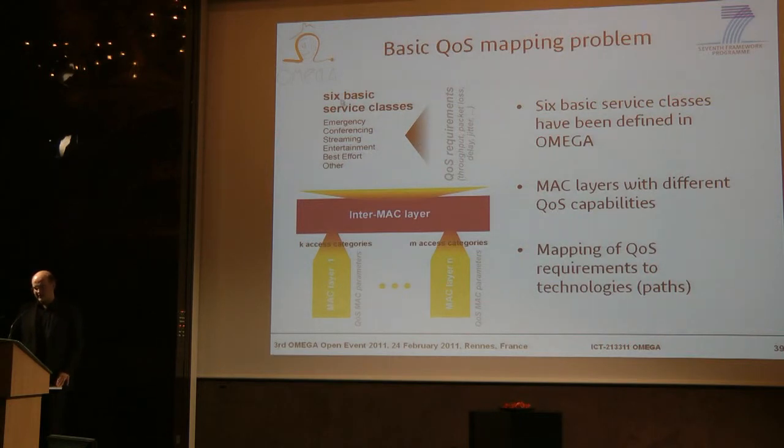And these service classes have to be mapped to technologies which provide their technology-dependent MAC layers. And maybe they provide different scheduling categories on the MAC layer. And it is now the task to use, for example, these scheduling categories on the MAC layer to map the Omega service classes. So this is what the InterMAC has to do.